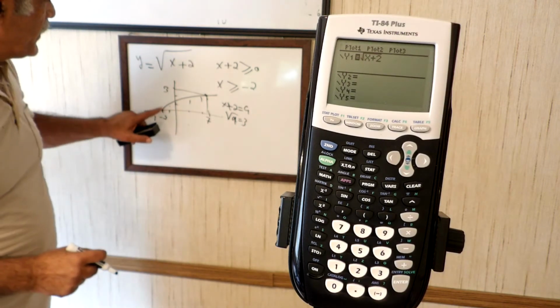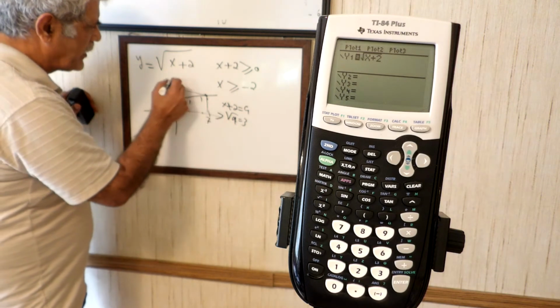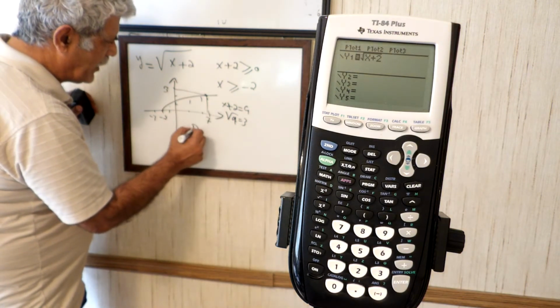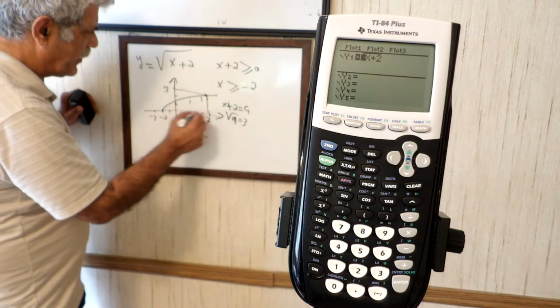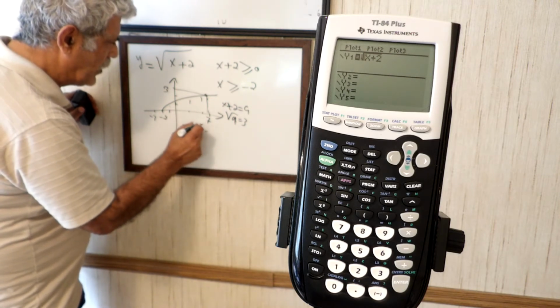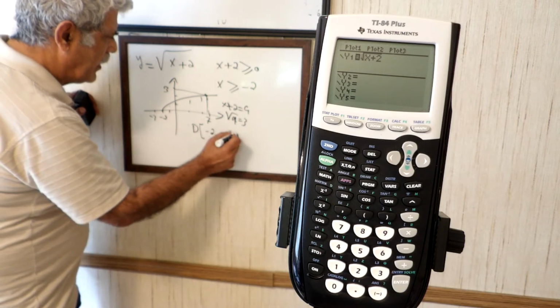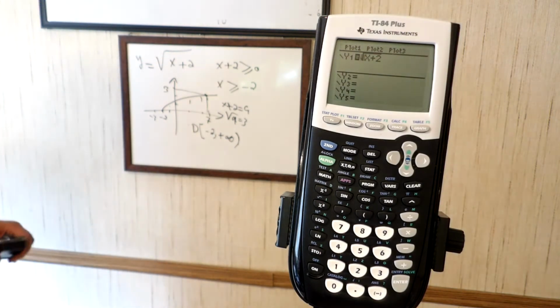So the domain of this one is going to be the values of x: -2, included, up to plus infinity.